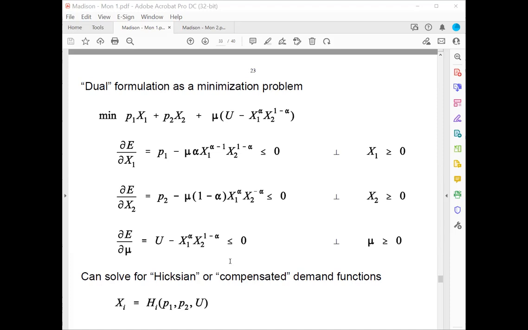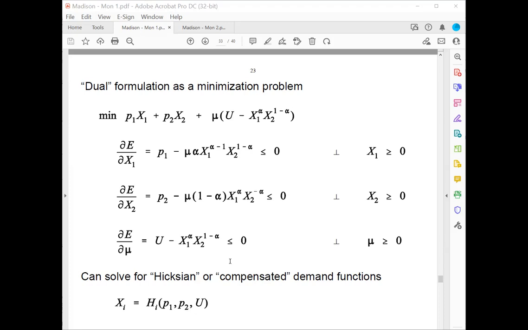And you can work with those to first eliminate U and then solve explicitly for utility as a function of prices, solve for demand as a function of prices and utility rather than prices and money income. I remember being a student and wondering why anyone would ever want to do this. Okay, that's interesting. Can we move on now?